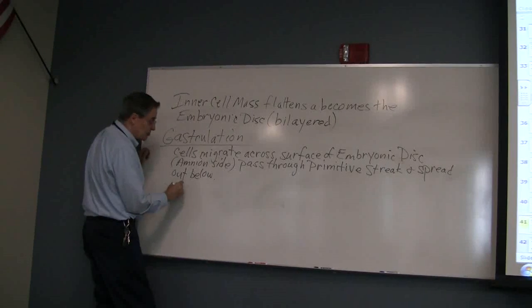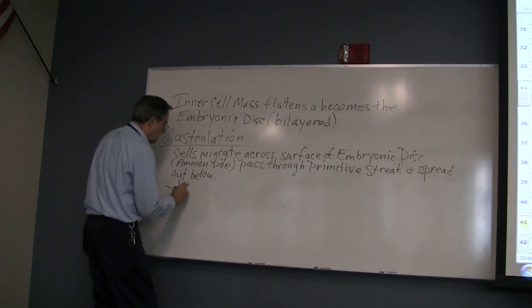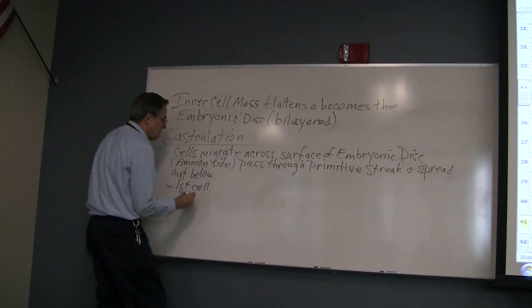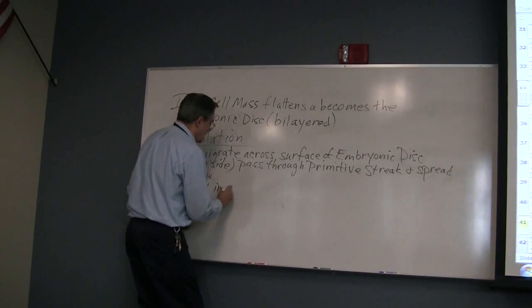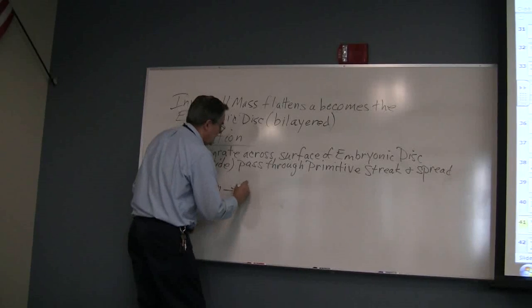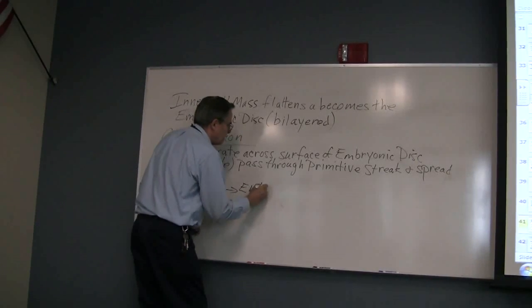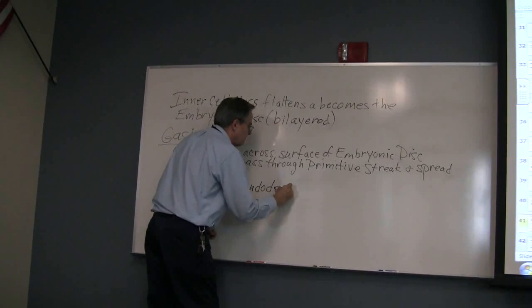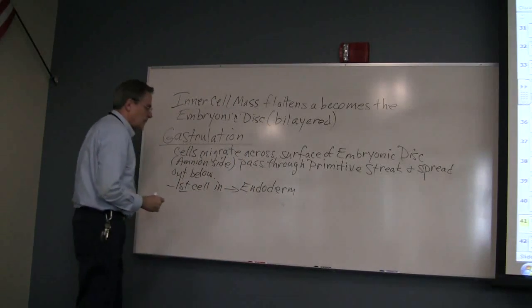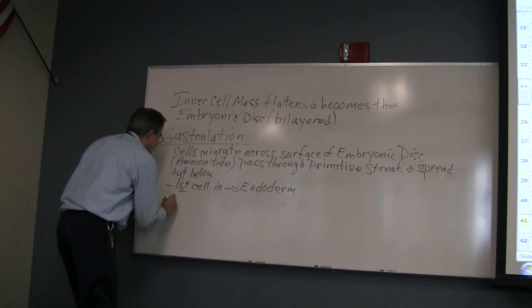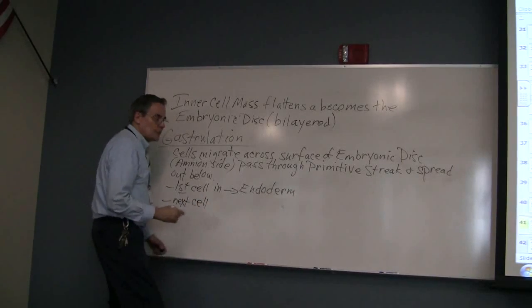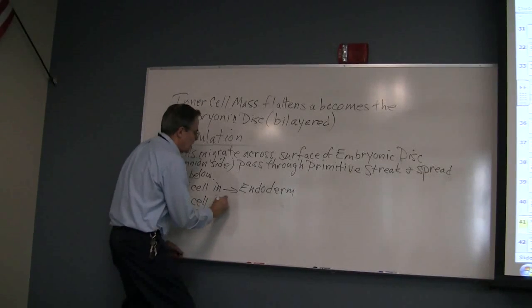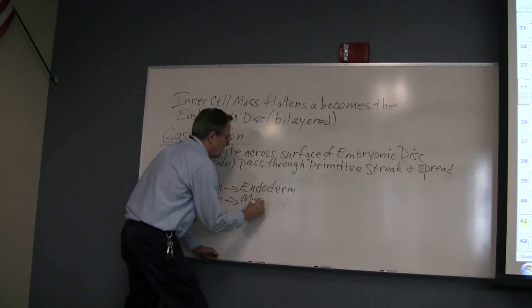The first cells to do so give rise to the endoderm. The next cells that migrate into the primitive streak and spread out below give rise to mesoderm.